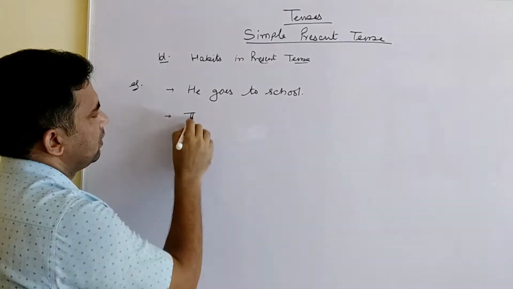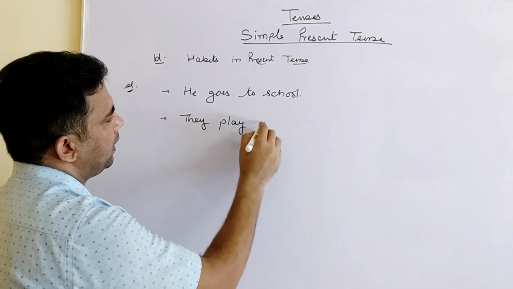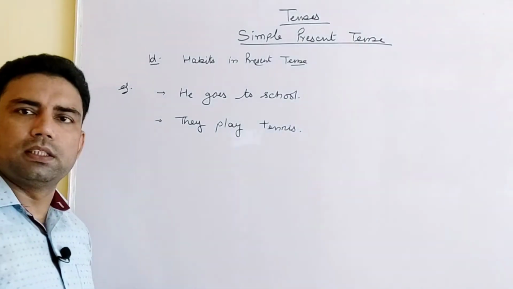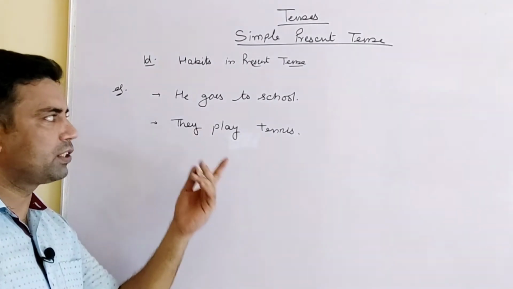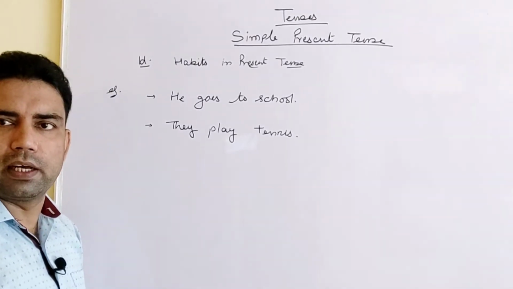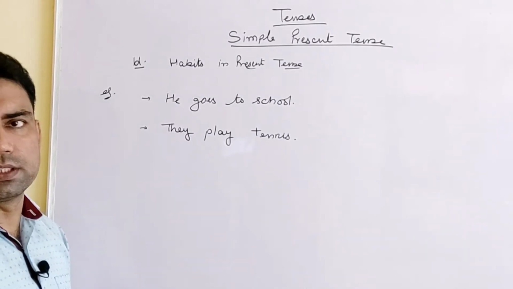Second one, they play tennis. That is a regular habit. They usually play tennis. An action which is repeated again and again, every day, is called a habit. Habits in present tense come in simple present tense.